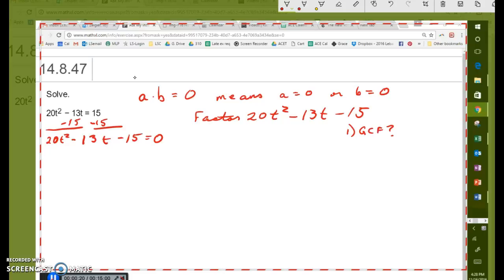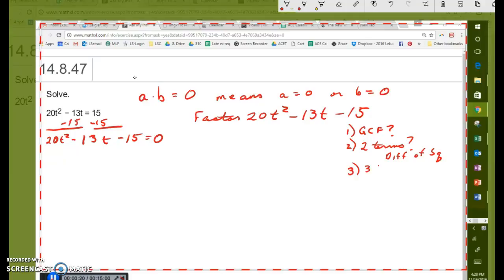And no, you cannot pull out a t, you cannot pull out a 5. 20t squared, 13t, and 15 do not share a common factor. Then you ask yourself, is it two terms? If it is, consider factoring using difference of squares, but it isn't, so we're not going to worry about that.